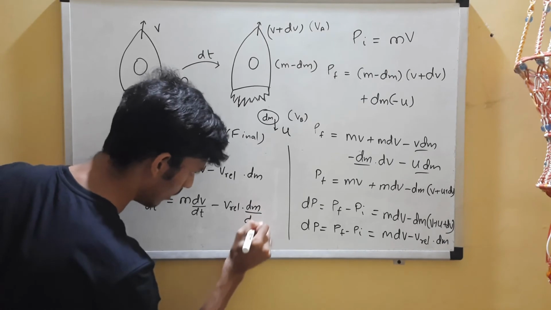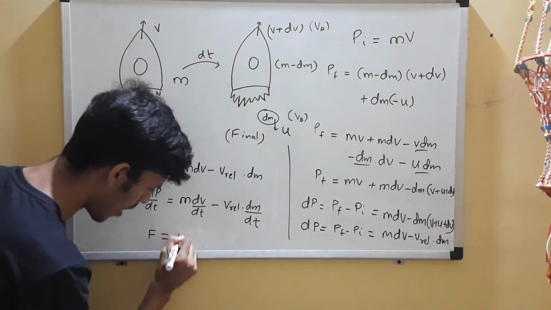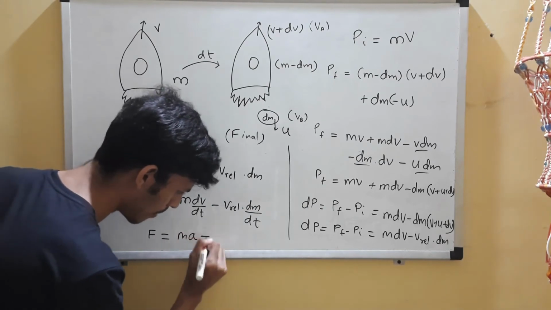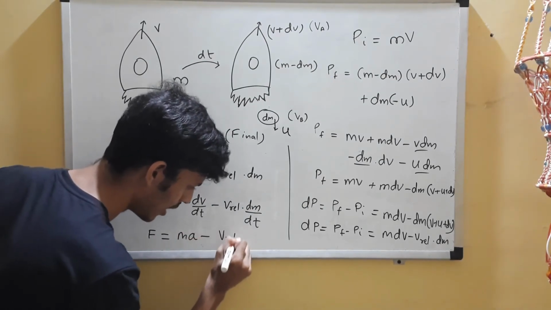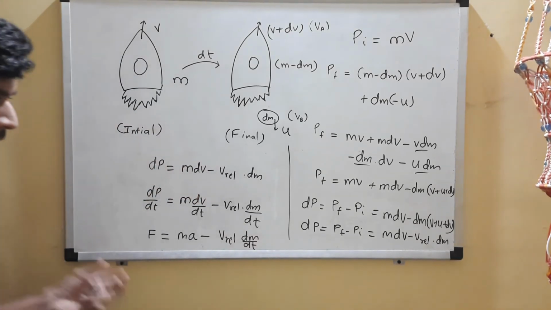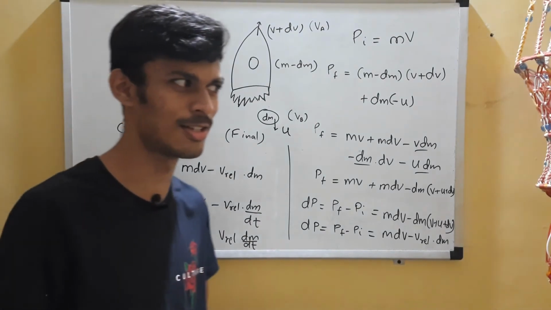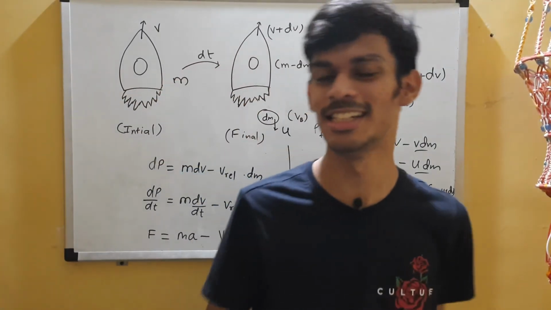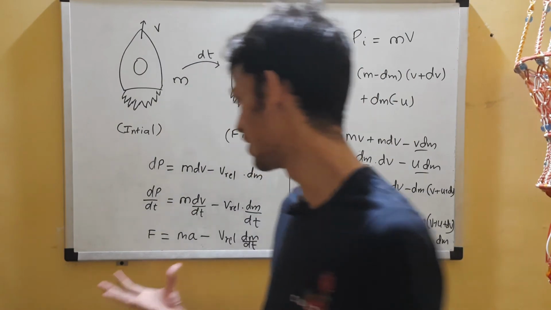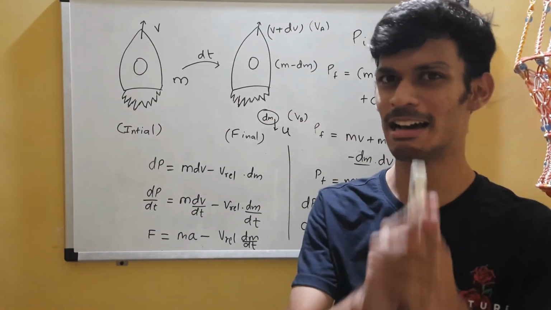You can see that this is nothing but force. Force equals mass into acceleration minus v relative into dm by dt. So force equals mass into acceleration minus something. Force is not equal to mass into acceleration. Rather, force equals mass into acceleration in a way is a lie.